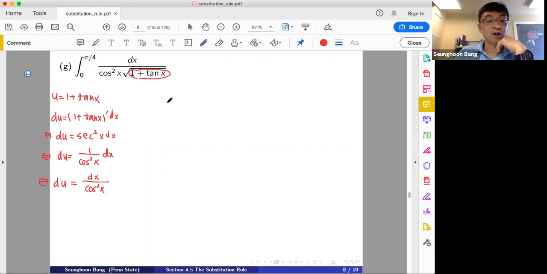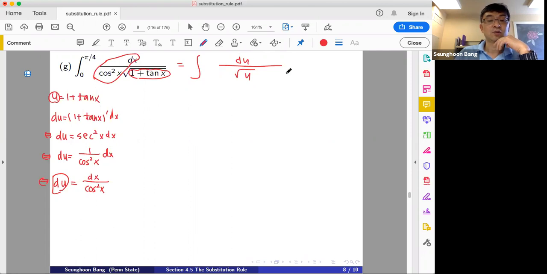So we have it. The next is to change 1 over 1 plus tangent x, here you plug in u. The remaining dx over cosine square of x is here, we have du.